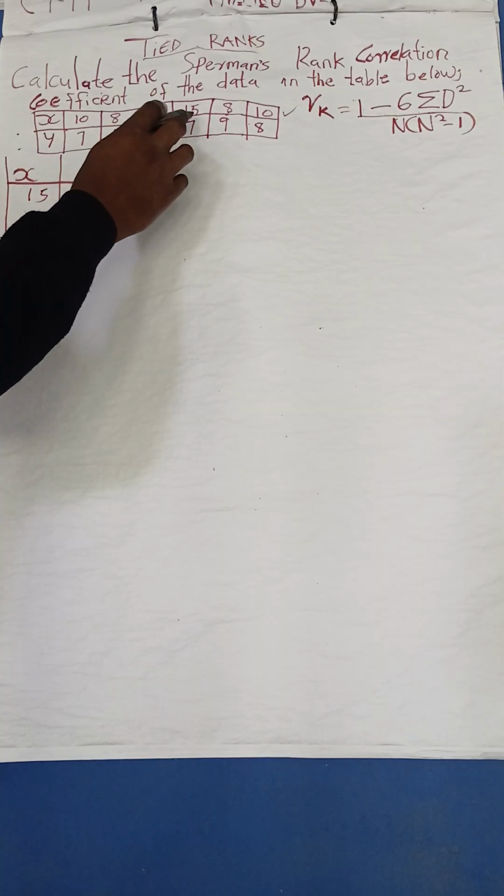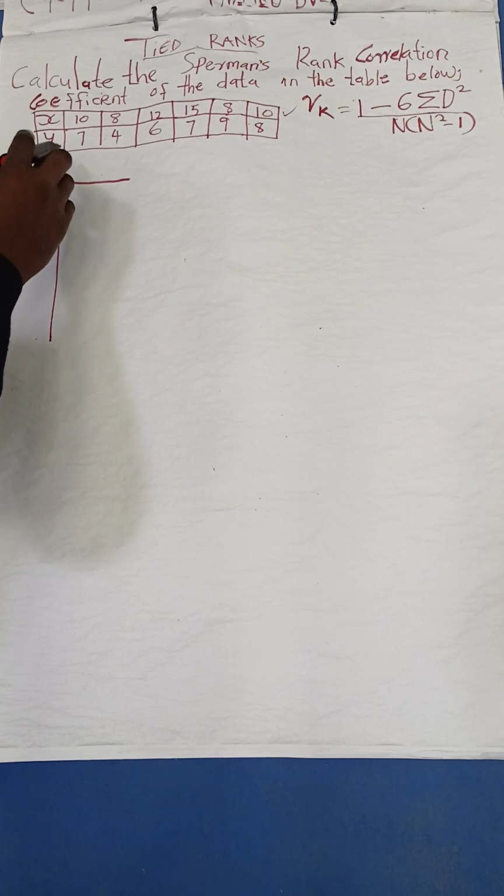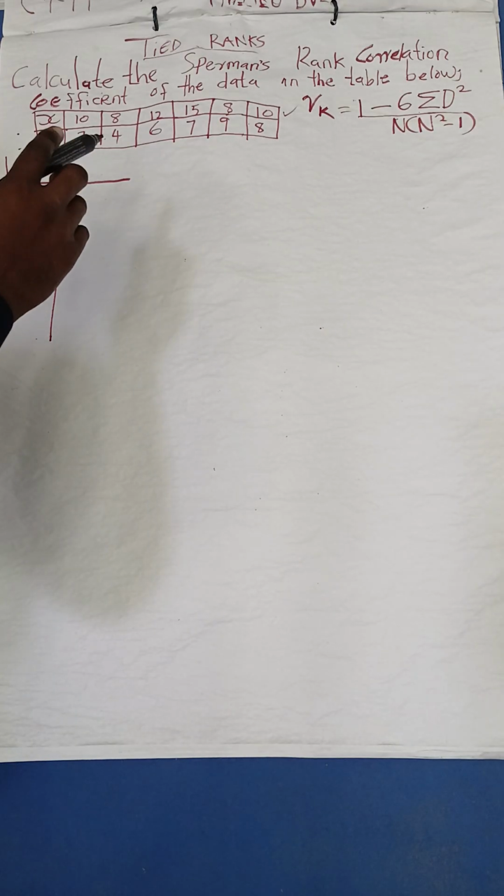The second student scored 12 marks, and the third student scored 10 marks. The fourth student scored 8 marks, then there was another 8, and so on until the last one.